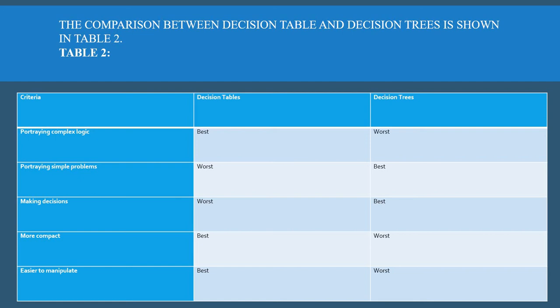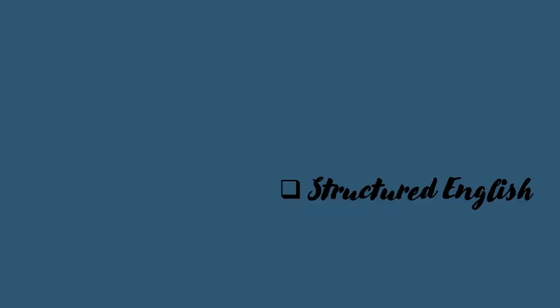Making decision tables is the worst, whereas decision trees is the best. More compact, decision tables are the best, whereas decision trees are the worst. And easier to manipulate, decision tables are easier to manipulate, whereas decision trees are the worst, or it is difficult to manipulate.